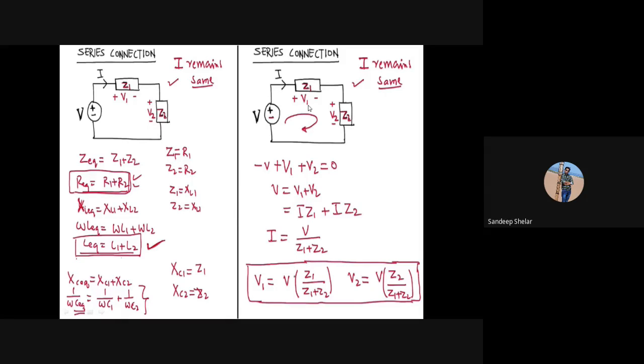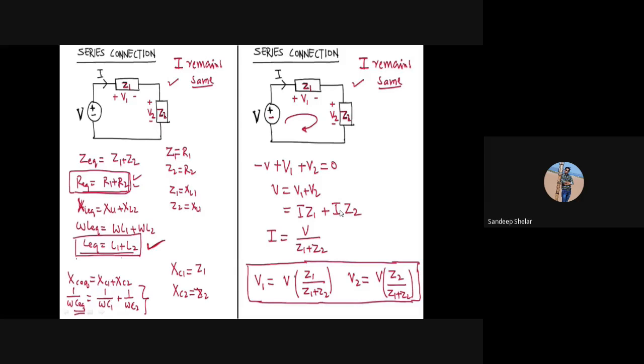We obtain the total voltage of the circuit, V equal to V1 plus V2. Then impedance Z is equal to V upon I. The voltage V1 across Z1 is I into Z1, and similarly the voltage V2 across Z2 is I into Z2.